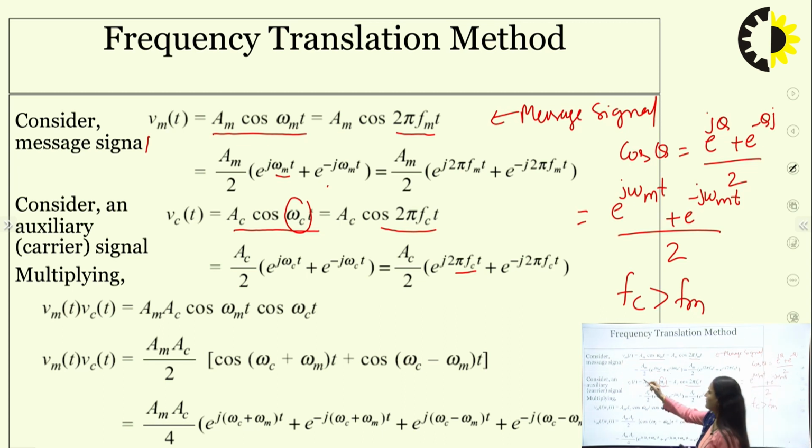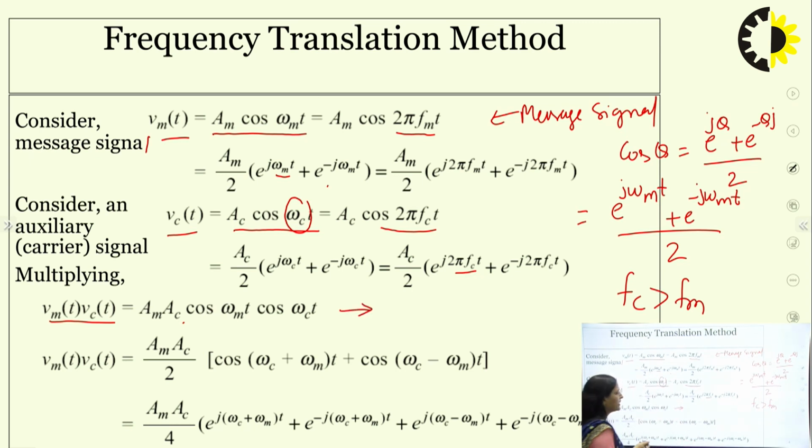It means Vm and Vc both are multiplied. So here I have written Vm(t) into Vc(t). If I multiply, I can write Am Ac cos omega m t cos omega c t. I have multiplied both the signals. So if I am multiplying these two signals, I will use a trigonometric identity.